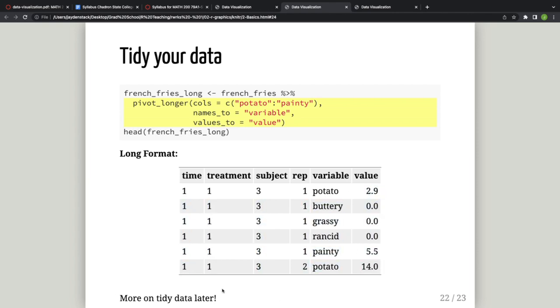And so now if I go down the line, if I wanted to just keep going with the potato variable, I have time of one, treatment of one, subject of three, repetition of two now. It's a completely different observation, but now it's their second repetition, potato, and then value. Okay.